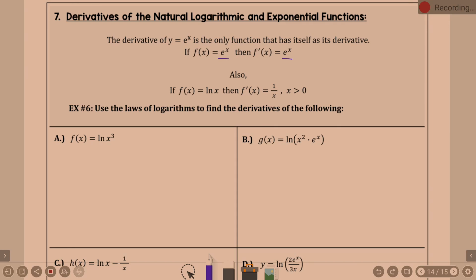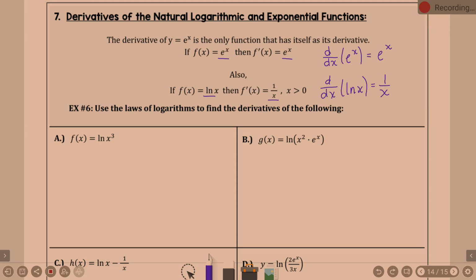And then the other one we're learning here is the derivative of natural log of x is 1 over x. So the derivative of e to the x is e to the x, and the derivative of natural log of x is 1 over x.